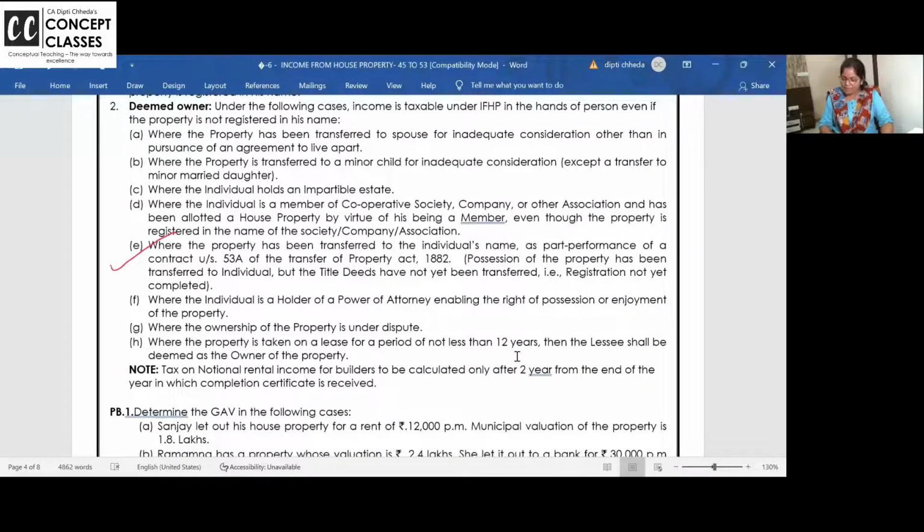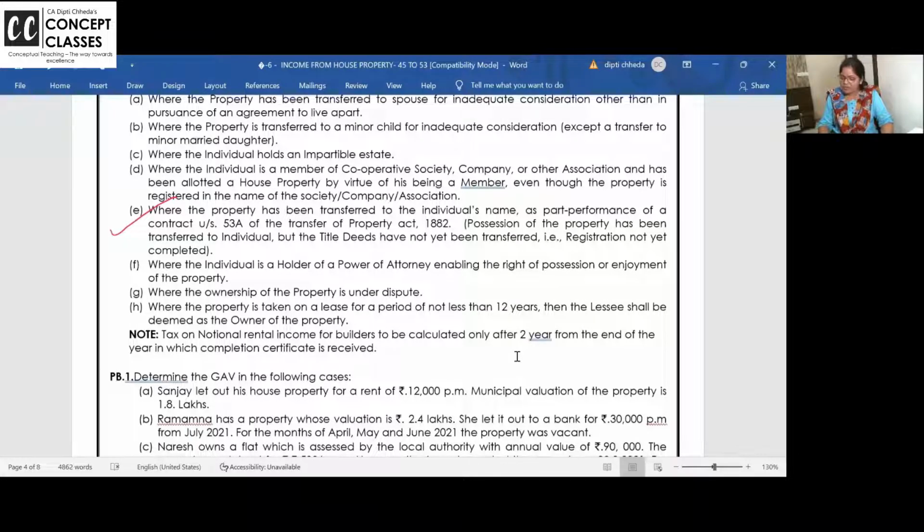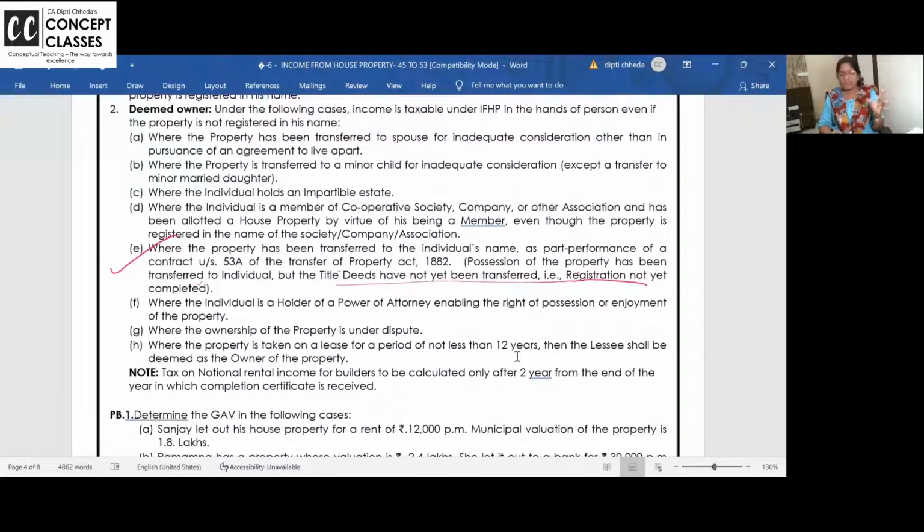Where the property has been transferred to an individual's name as part performance of a contract. Under the Transfer of Property Act, possession of property has been transferred, but title deeds had not been transferred. You know, paperwork sometimes takes 2 months also. Then also you are the deemed owner, you have to pay tax.